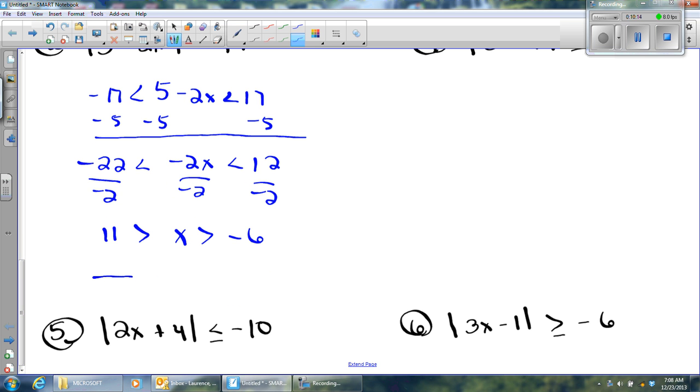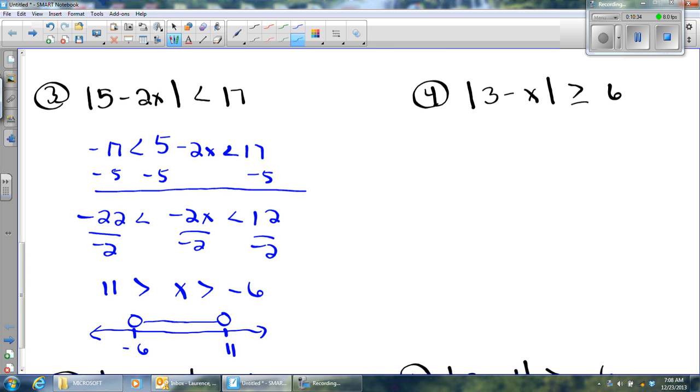And so if I go to my number line, I'll just draw one by hand here. I've got negative 6. I've got 11. They're both open points, and I know that I'm shading everything in between. If I go and test it, the numbers in here will allow me to get the right answer. For example, 0. 5 minus 2 times 0. Well, that's 5. Absolute value of 5, less than 17. It checks. Pick a number outside the range. Pick 12. 5 minus 2 times 12.